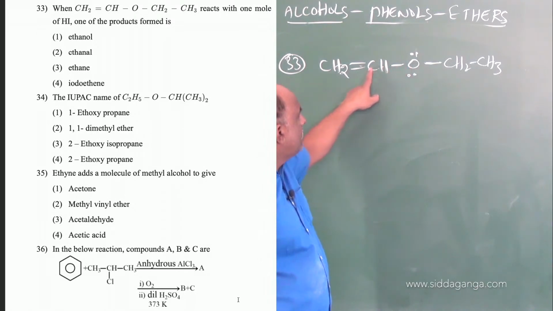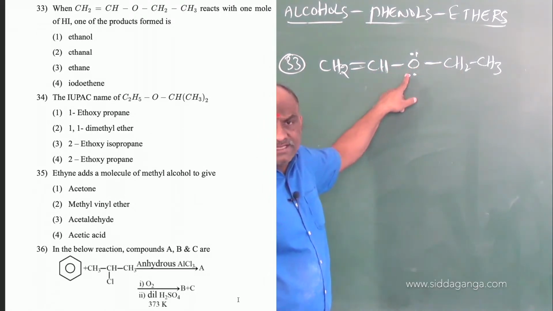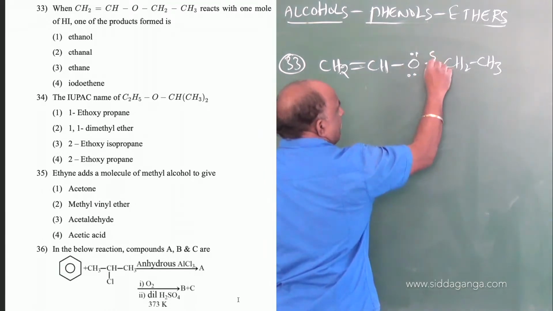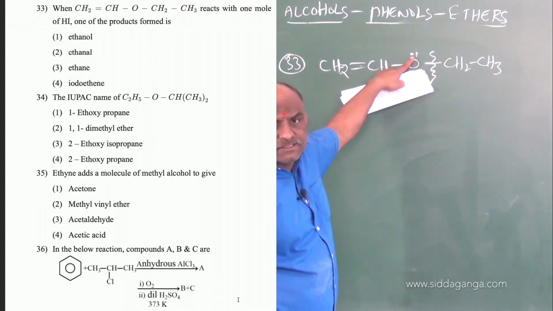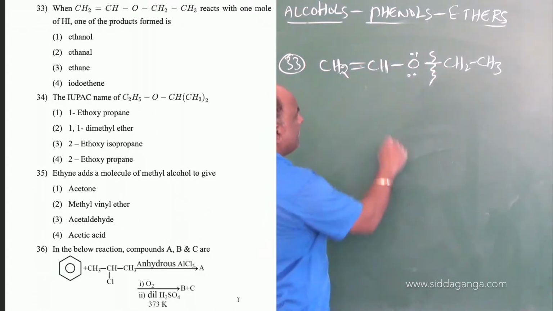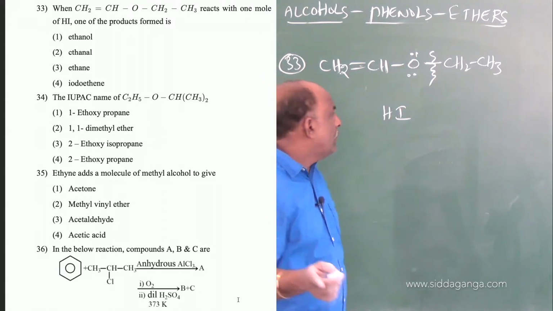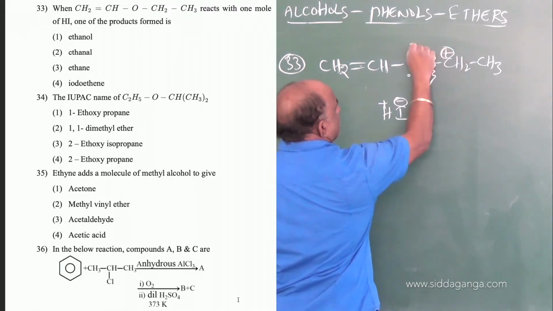So here one C-O bond is a partial double bond, and the other C-O bond is a single bond. Breaking a double bond is difficult, breaking a single bond is easy. So where does cleavage take place? Here, because the lone pair of the oxygen atom is in conjugation with the double bond. Then the attacking reagent is hydroiodic acid, 1 mole of HI, H plus and I minus; this carbon is plus and this is O minus.